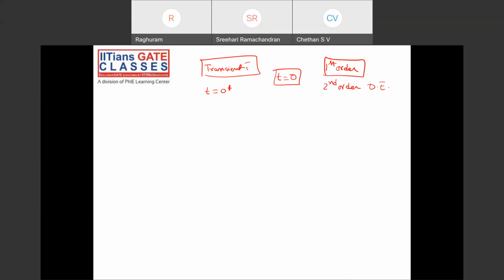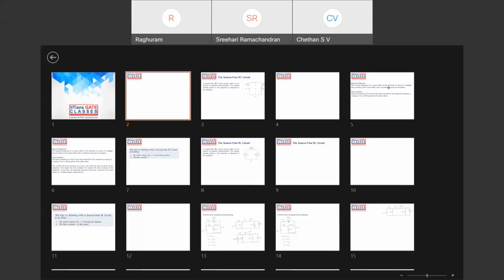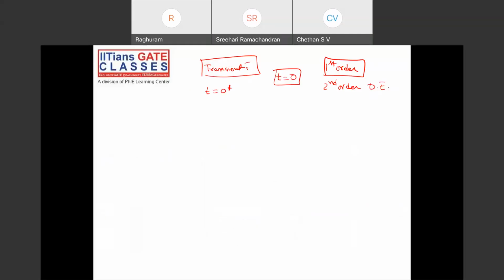And if you need third order differential equations or more, those are higher order circuits. In our syllabus we only have first order and second order circuits.